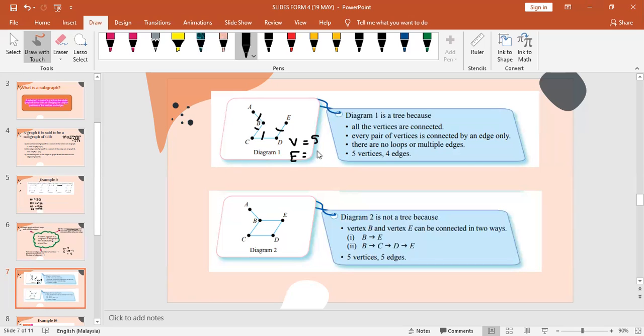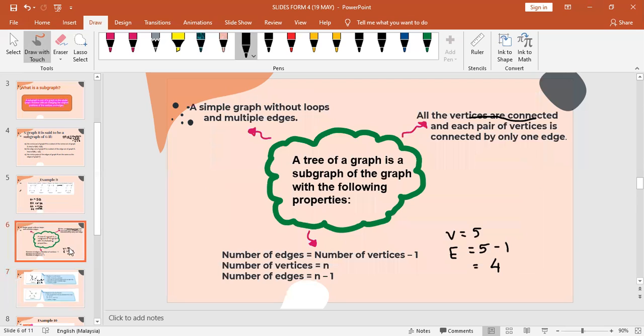So 5 minus 1 is equals to 4, right? So is this a tree or not? Yes, right. Okay, since it fulfills all of the properties that I shared just now.